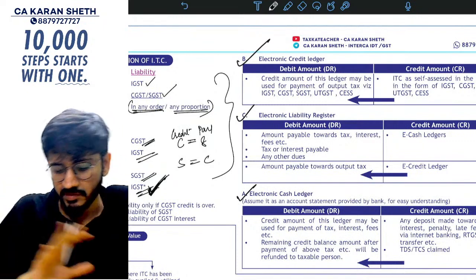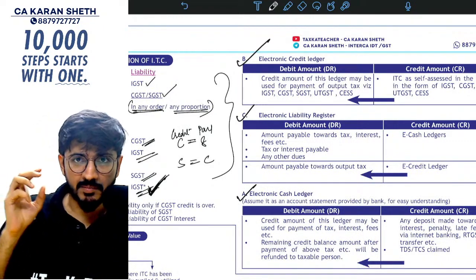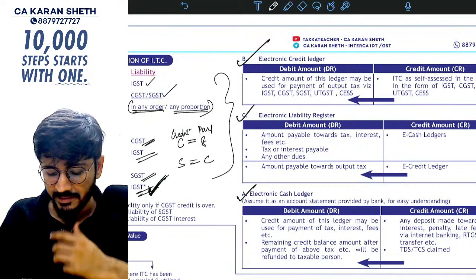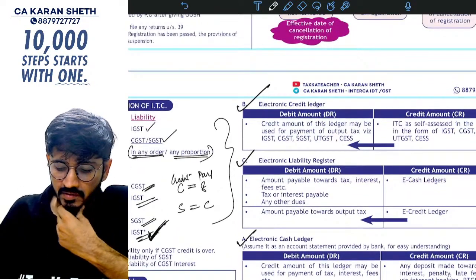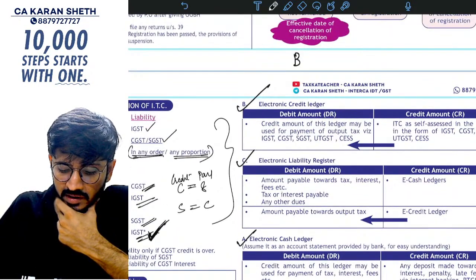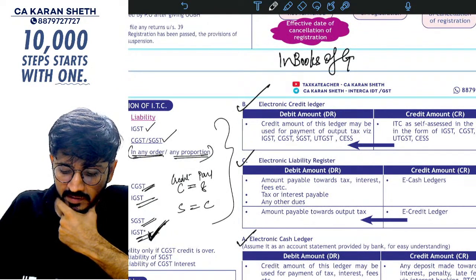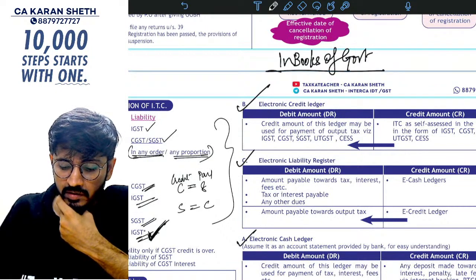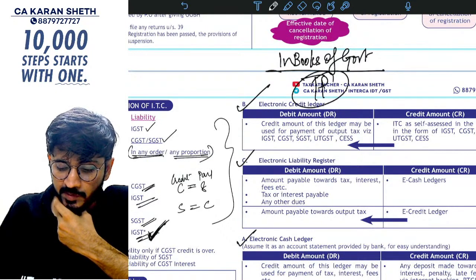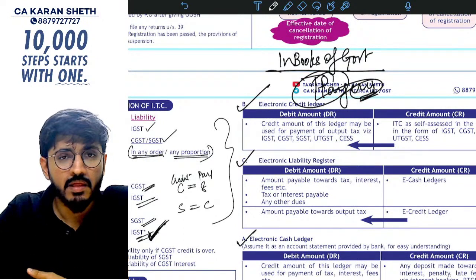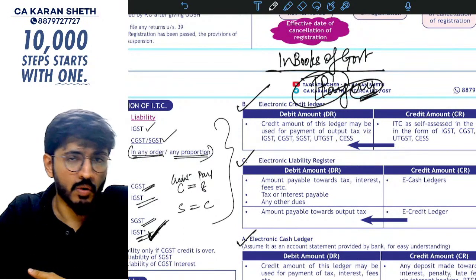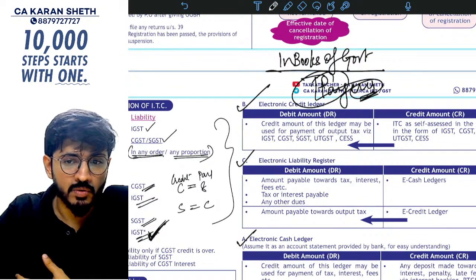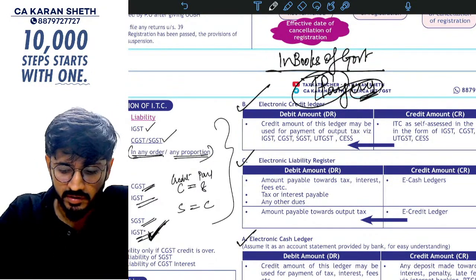The mantra is very simple: just consider that you are in the books of accounts of the government, where you are reading the taxpayer's account.